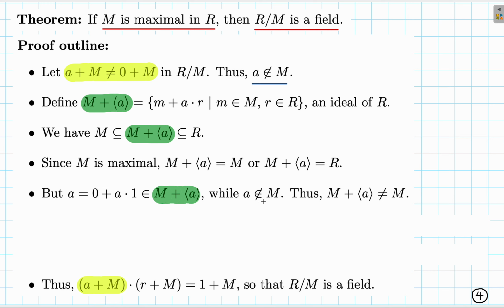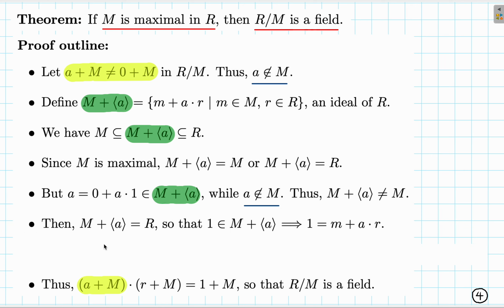But we saw earlier that A is not contained in the ideal M. And therefore, M plus ⟨A⟩ and M cannot be the same ideal because one of them contains the element A while the other one does not. Since M plus ⟨A⟩ doesn't equal one of the endpoints, M, it must equal the other endpoint, namely R.